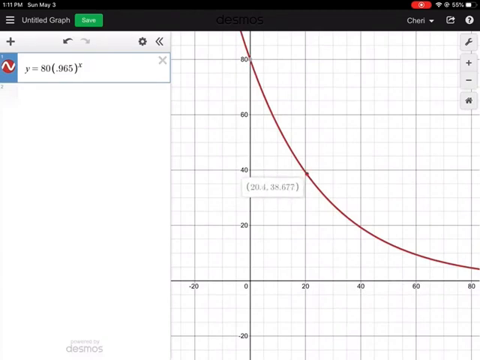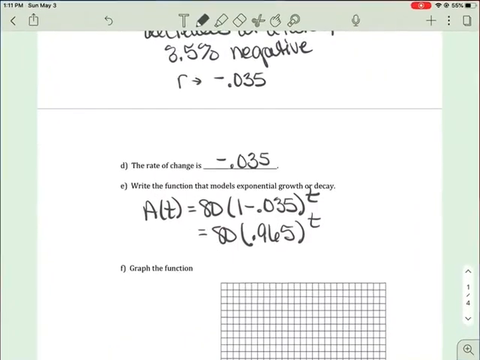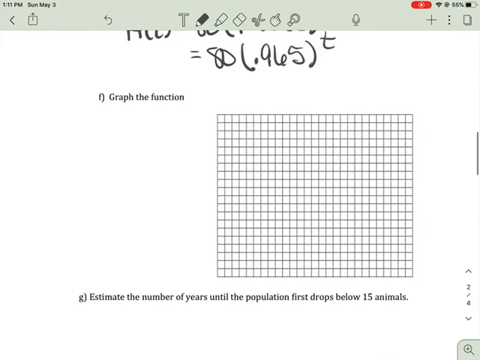I wanted that point, 20, so around there. There are no other intercepts or anything like that, so it's not going to show up right away. So this would be all the way up at 80.